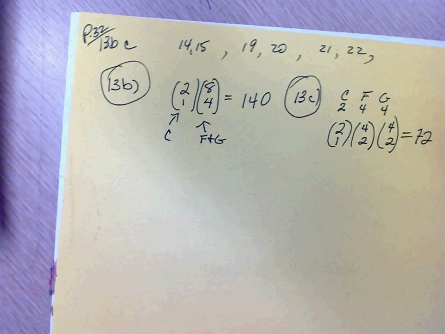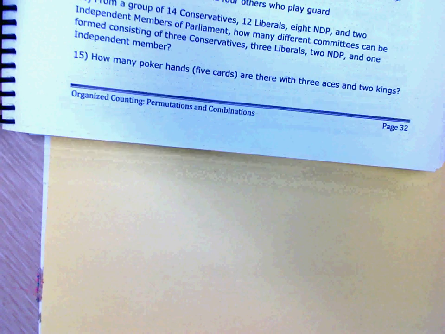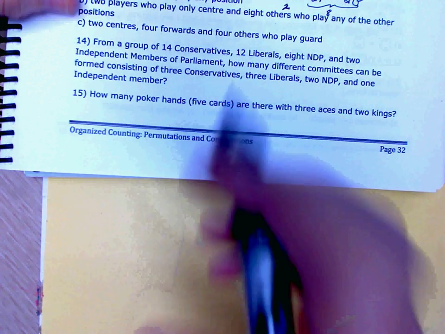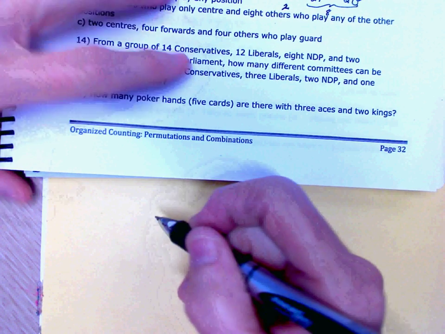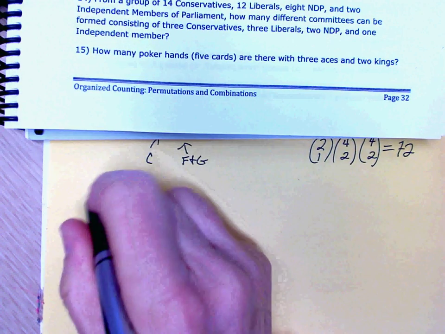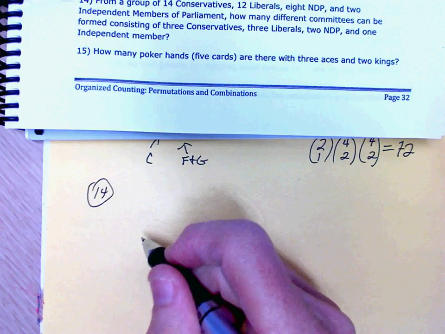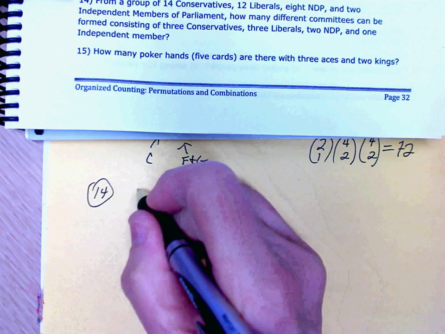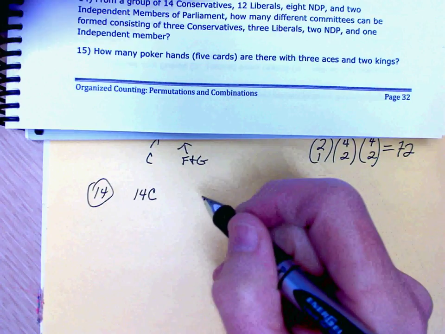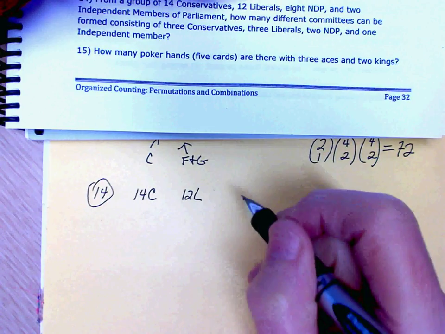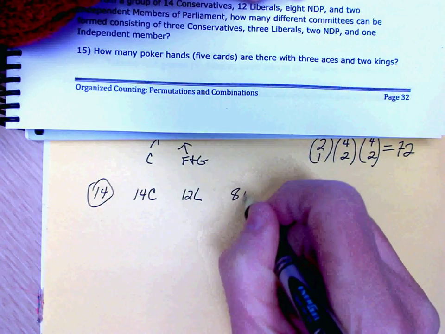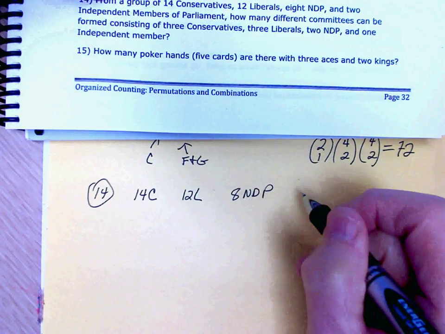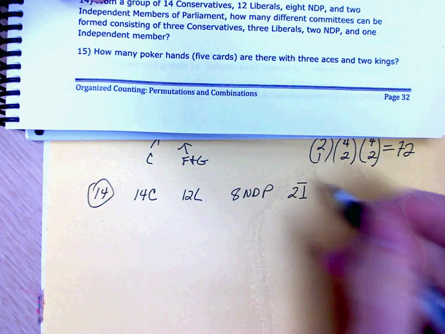Number 14. From a group of 14 conservatives, 12 liberals, and I just like to get the important information, 8 NDP, and 2 independent members of parliament.